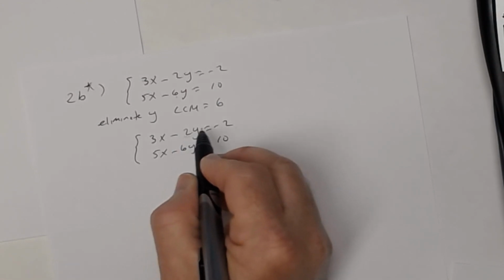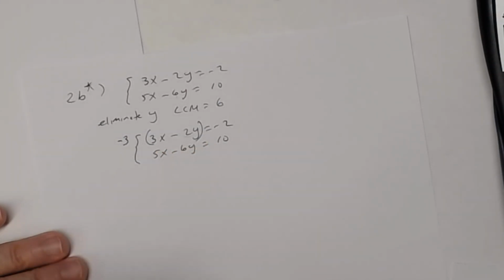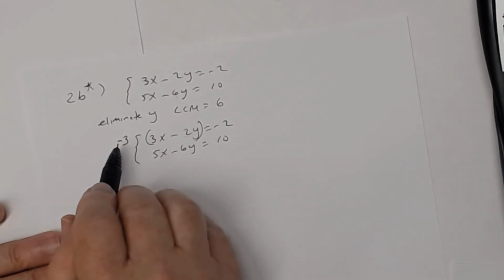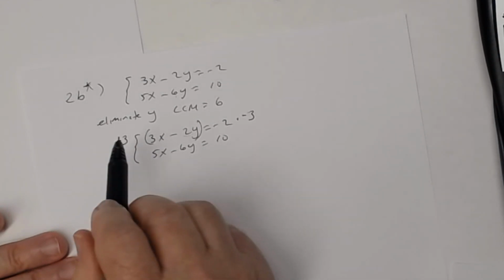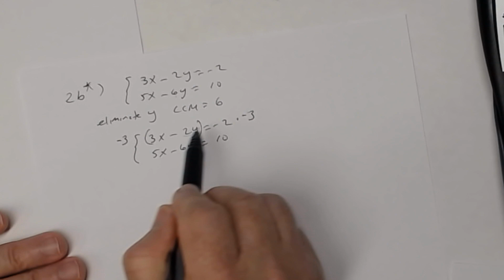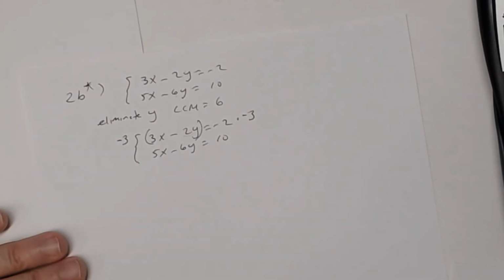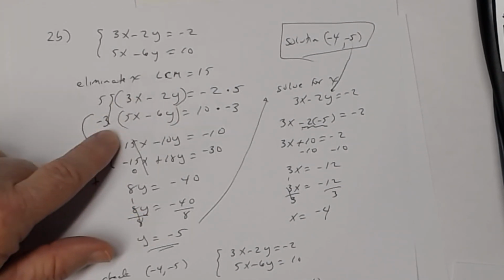Well, negative 2 times a negative 3 is a positive 6. But what I do to the left, I have to do to the right. So notice, for those of you that eliminated the y's, you only had to multiply one equation by a number. Whereas for those of you that had eliminated the x's, you had to do both.